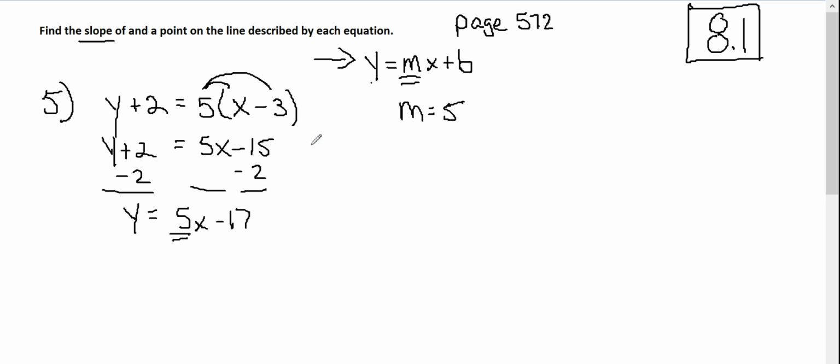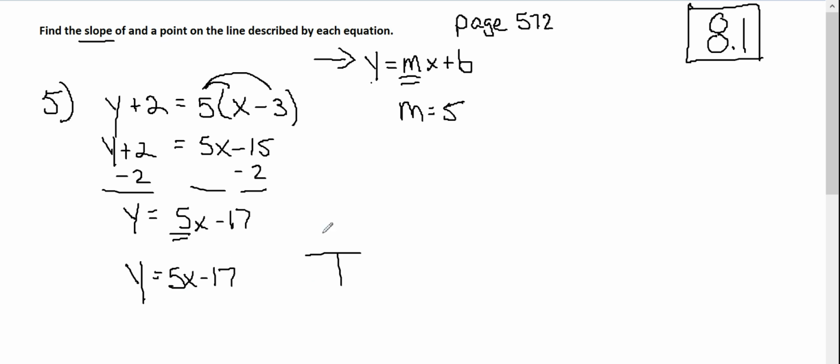And then it says we've got to find the slope of and a point on the line described by this equation. So I can just substitute a value for x and get the resulting y in this case here. And that's a point on the line, right? If y equals 5x minus 17, I can take any value for x if I want.